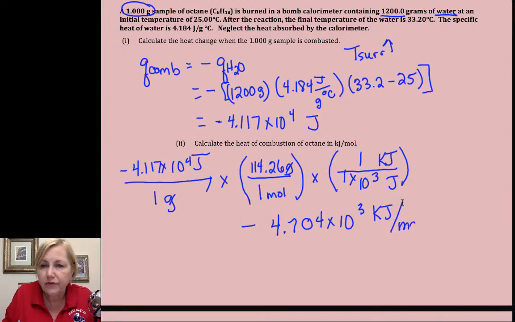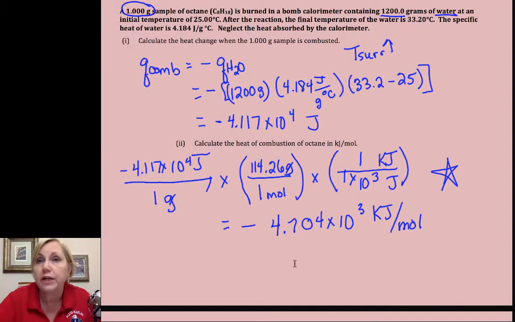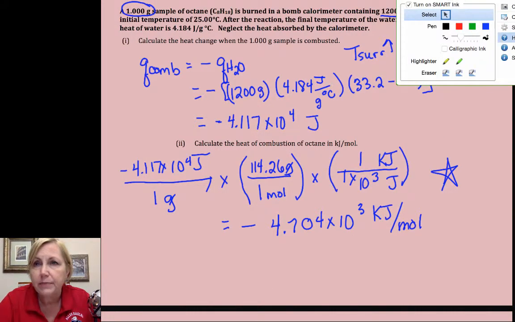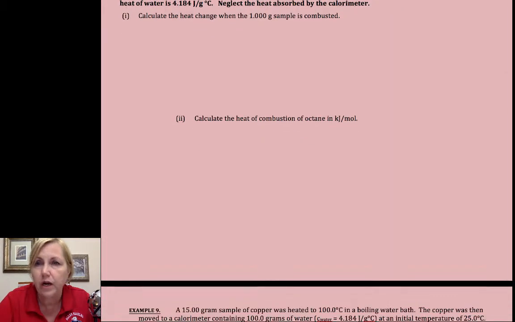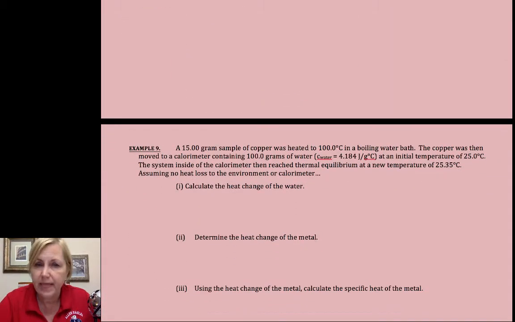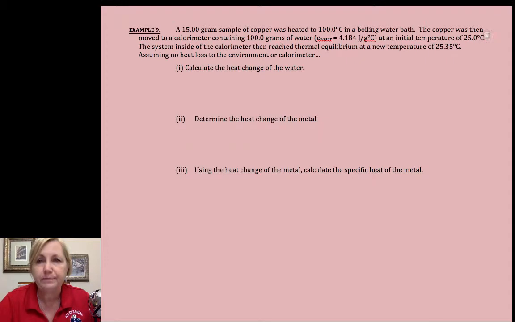Now, personally, I prefer to do it this way. That's my final answer there. I prefer that way, but you can do it in the steps if you want. Just show me all your work. That's what's critical. You've got to be able to prove to me how brilliant you are by spewing some of that brilliance onto a piece of paper.